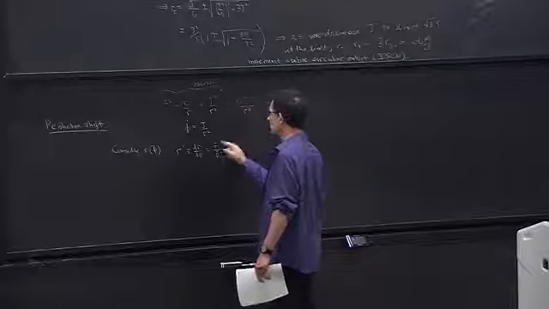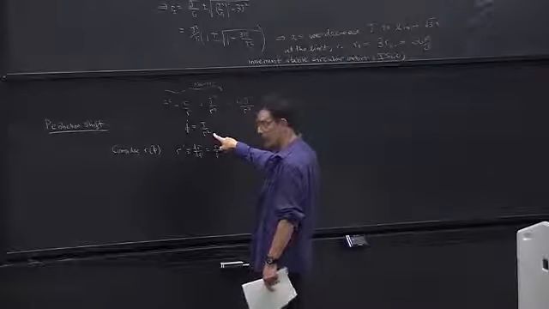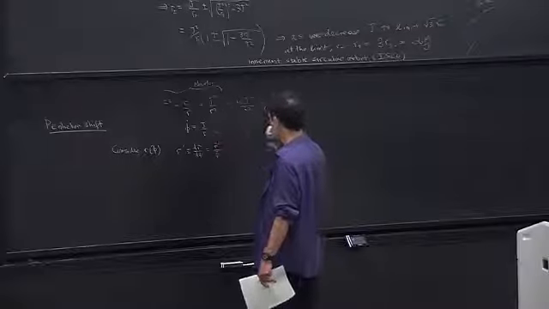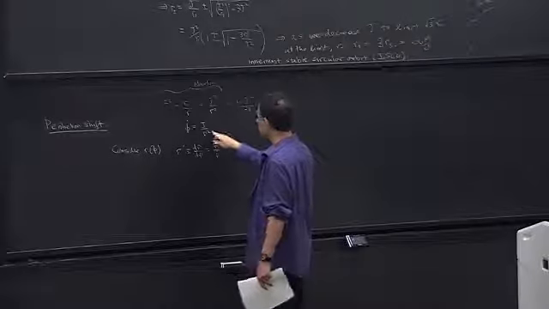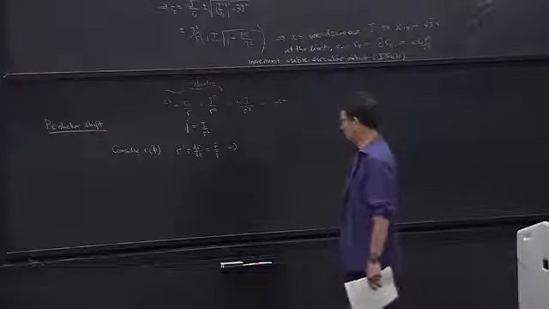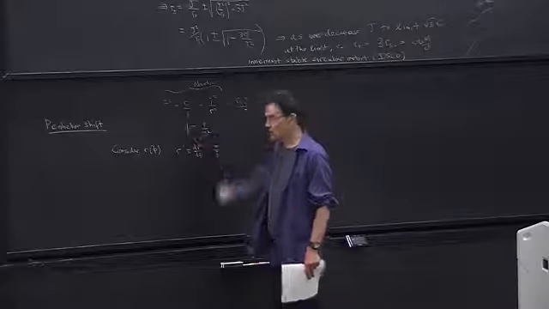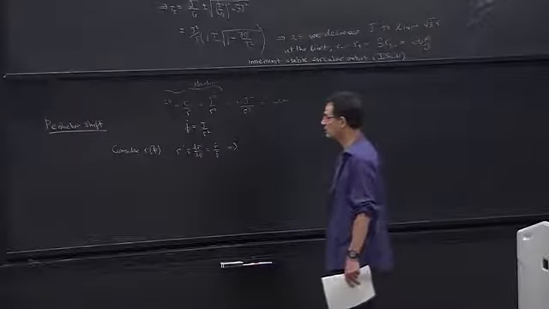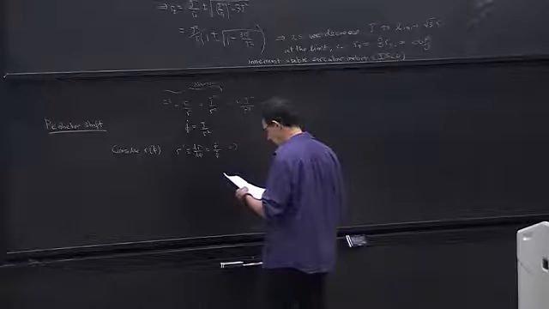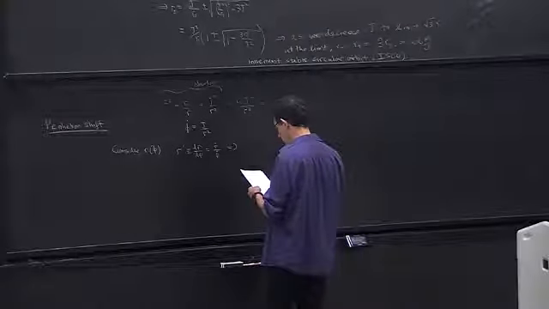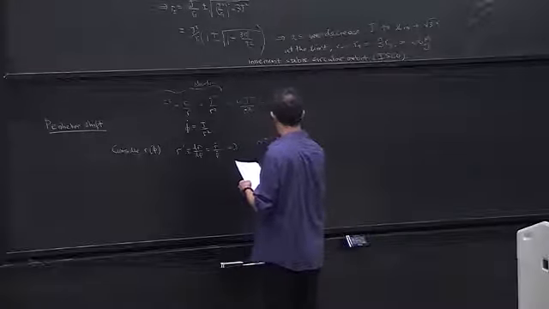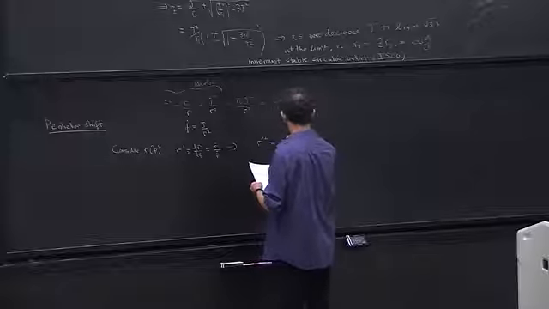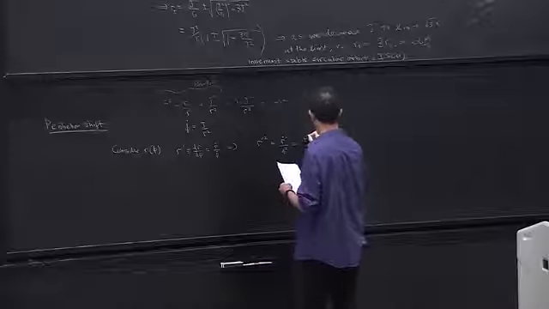Okay, so this is the first trick, and we'll see in a minute why it's so useful. But let's just divide this equation by phi dot squared, so this will give us r prime squared, which is r dot squared over phi dot squared, is equal to r dot squared.